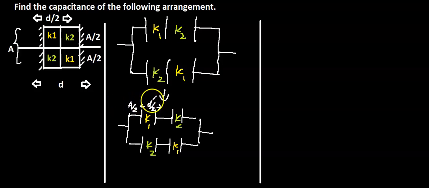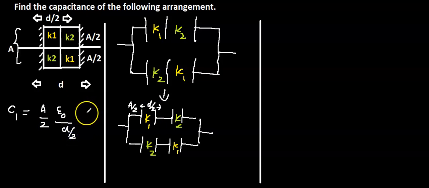In order to simplify our final expression, I'm going to assign some new variables. Let's call C1 the capacitance of this capacitor, and that is A by 2 epsilon naught by the spacing of the plates, D by 2, times the dielectric constant.